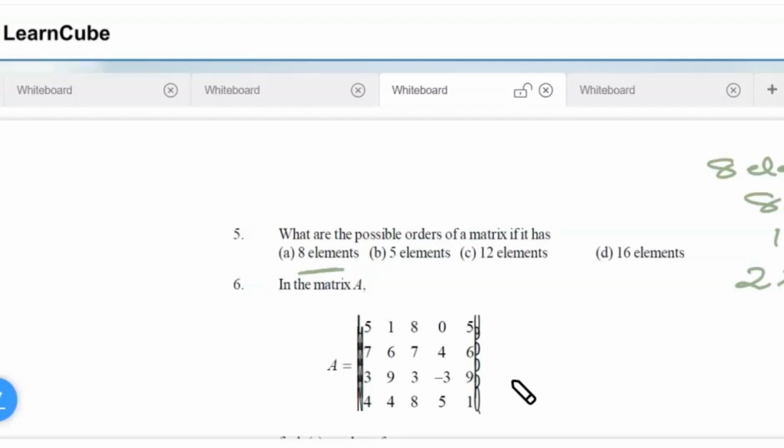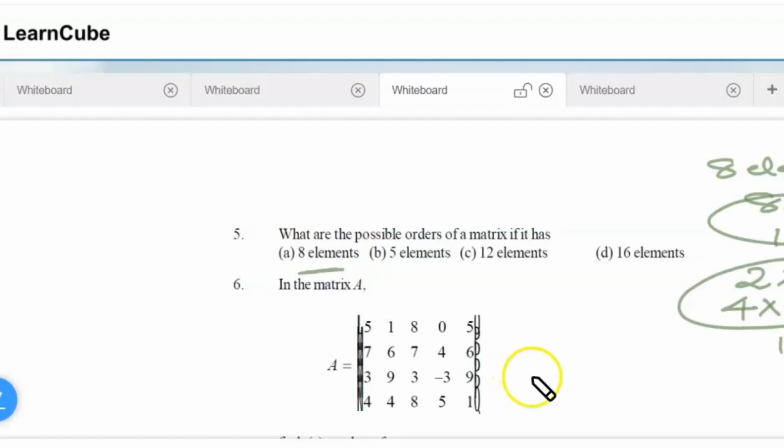So what are the different factors you have? 2, 4, 8, and also 1. So make combinations such that you get the result as this. So if it is 2, what will be the next number? It will be 4. So the next one is 4 into 2. These are the two combinations that you get, and only 4 possibilities are there for the orders.